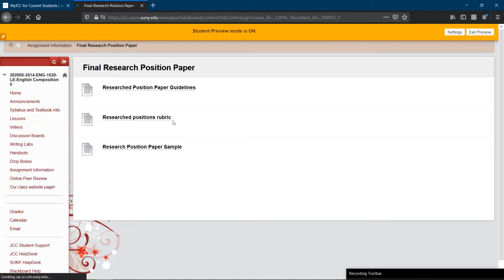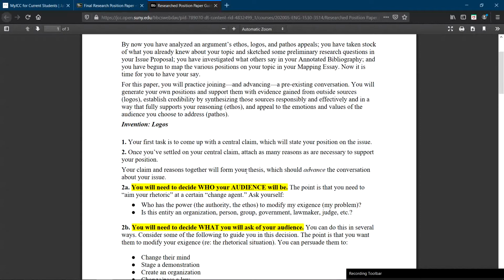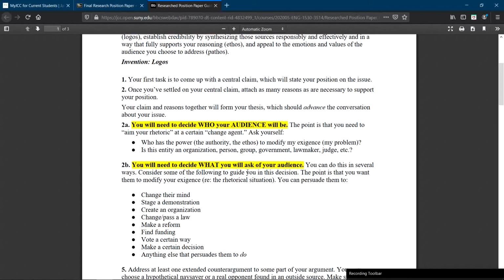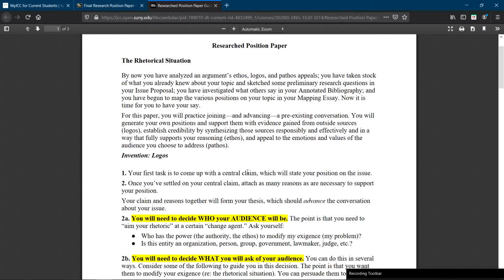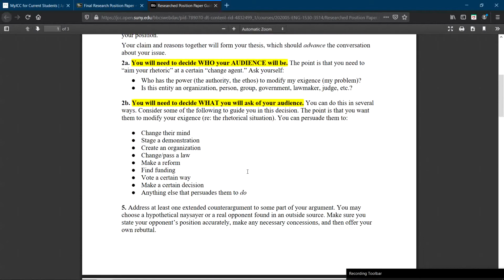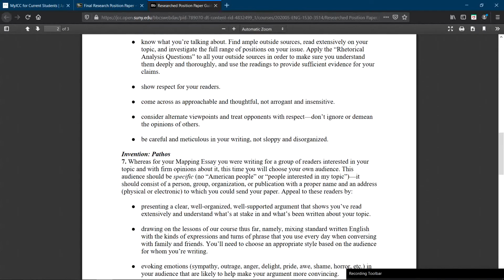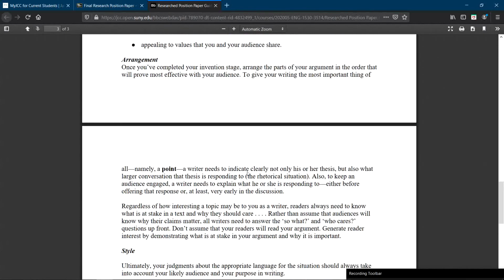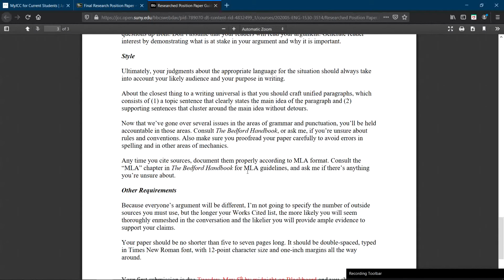Click on that. And this is where the guidelines are. So one thing I would also recommend doing this weekend is looking over the guidelines. Like I said, I'm not going to go in depth on these today. I'm just showing you where they are. And I will be talking more in depth about the guidelines next Tuesday.